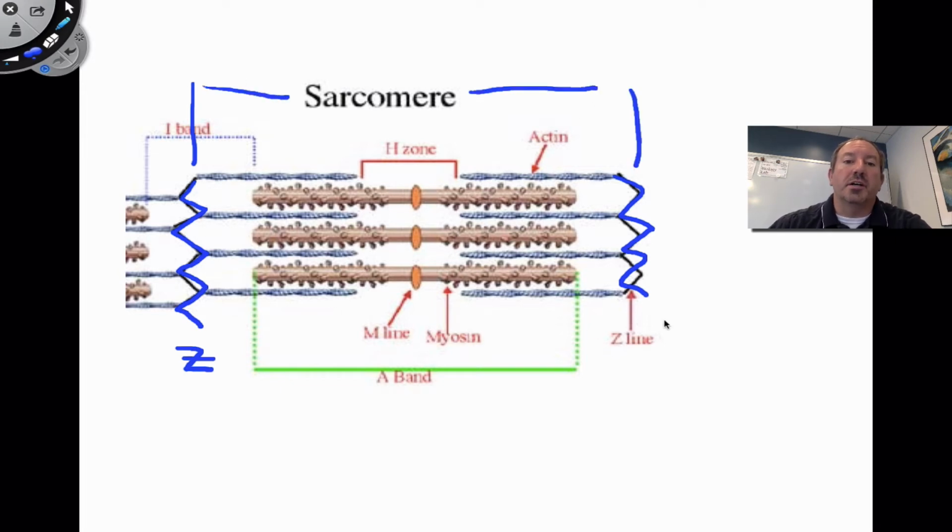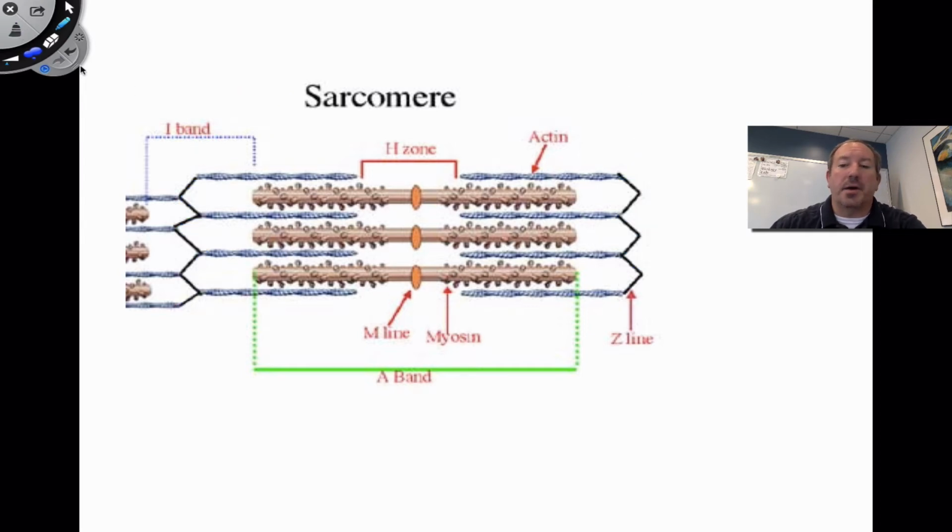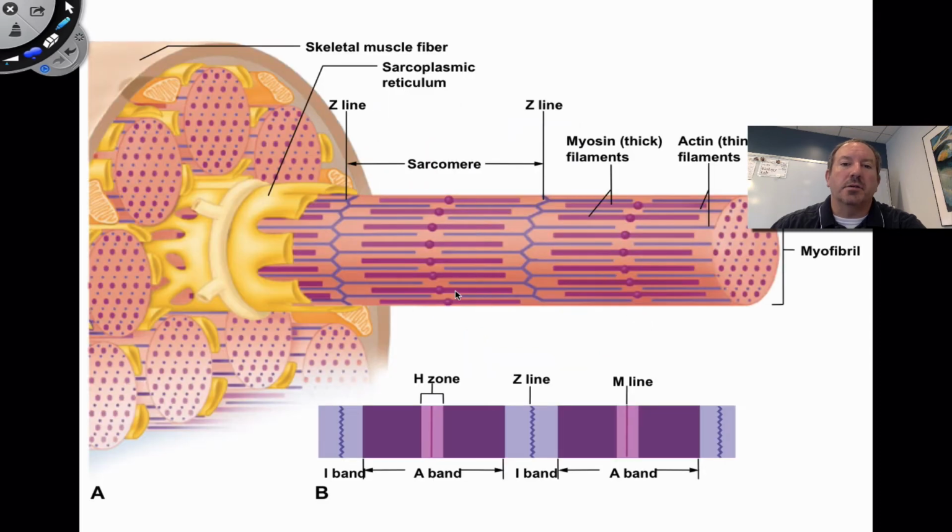So that's one functional unit. And what's going to happen is the myosin is going to grab onto the actin filaments and pull them closer together. And so the H zone, which is in the area here, is going to decrease in size as the Z lines come closer and closer together. Okay, so this is what we're talking about. And you're like, well, why would it contract? What's going on?